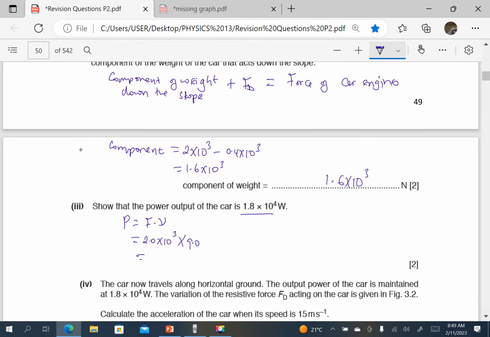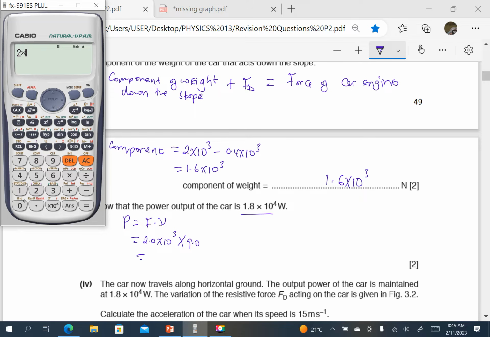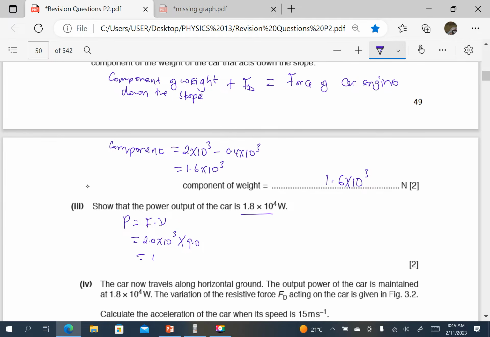That is 2 times 10 power 3 times 9, which is 18,000, which is 1.8 times 10 power 4 watts.